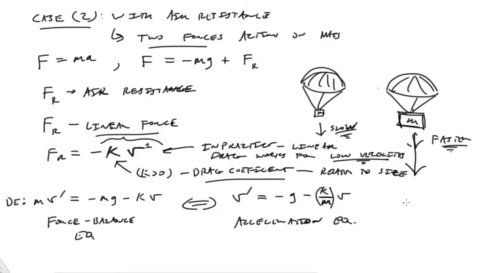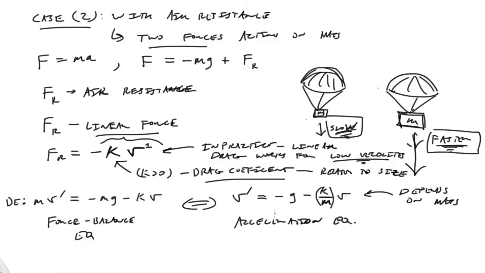So we see now that this equation depends on the mass, just as our intuition would have suggested, that the size of the parachute relative to the mass of the object determines whether it's fast or slow. And we see that in the ratio of k over m. So this is our acceleration equation.